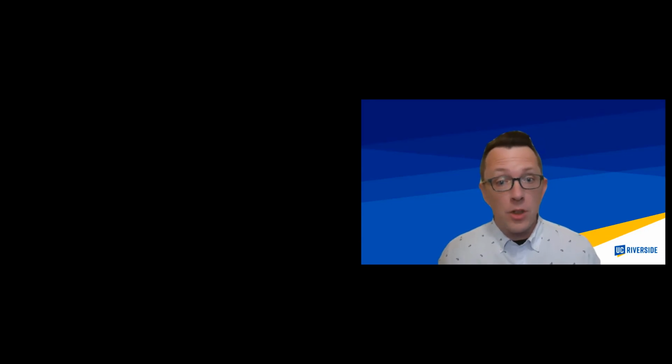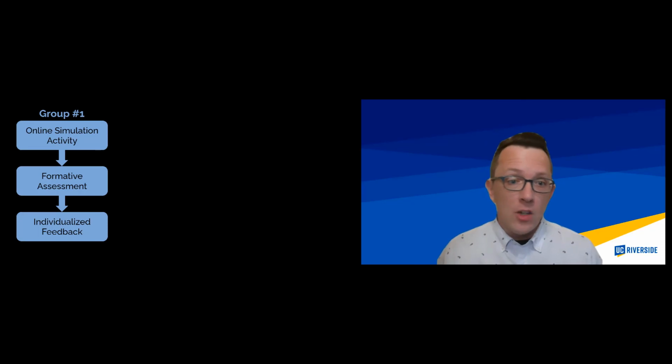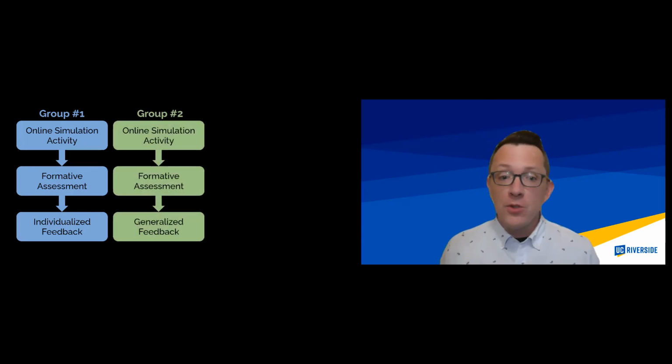Participants will be split into three treatment groups. In the first group, students will complete an online simulation activity and then take a formative assessment to assess their learning. The formative assessment in this group will provide individualized feedback for each student answer. In the second group, students will complete the same online simulation activity and formative assessment, however, only receive generalized feedback based on their formative assessment scores.